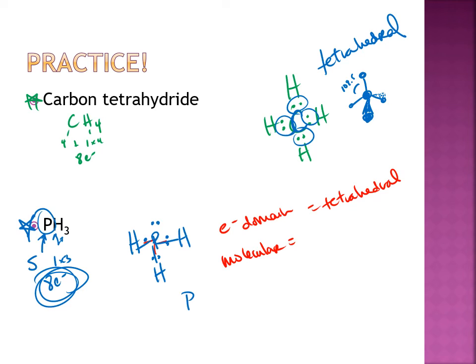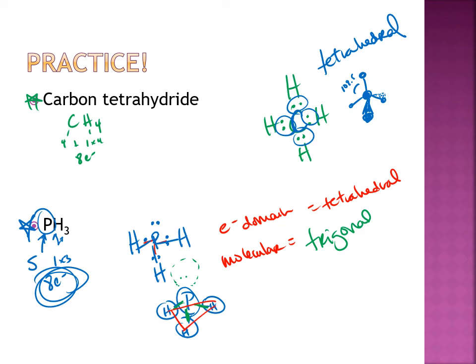So I've got phosphorus, I've got hydrogen, I've got hydrogen, I've got hydrogen. That non-bonding or lone pair of electrons are still up here taking space, but I'm only thinking about where I have my atoms. This shape is going to be called trigonal because I have a triangle here.